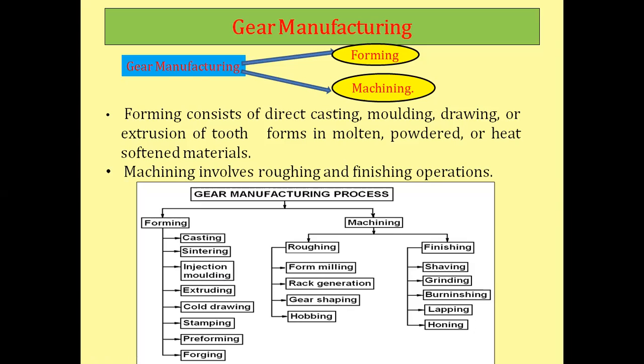In a shaping machine, you use a single point cutting tool to cut the gear teeth, and in a milling machine, you use a multi-point cutting tool as a cutter to remove the material to form the teeth.